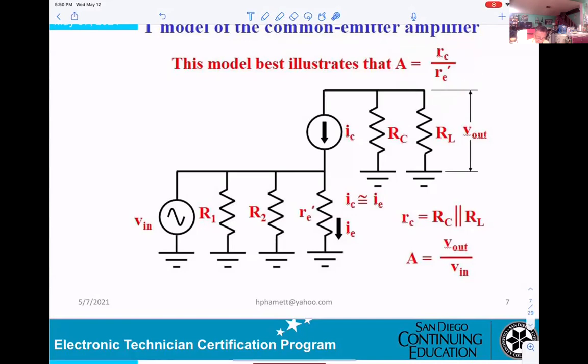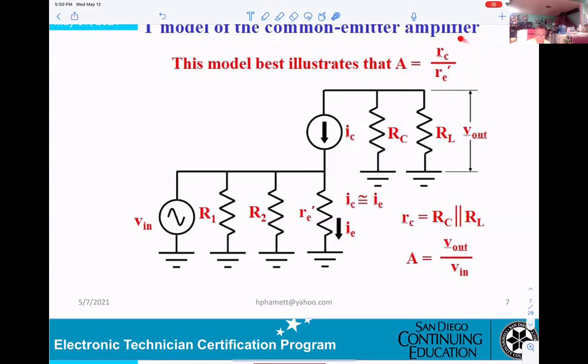Okay. However, r'e will be an internal resistance. Oh, also, maybe I'm answering my own question. R1 and R2 are probably pretty big, at least a lot bigger than r'e. So those can be ignored. Is that correct or what? You have to do the calculation to come up with this formula.